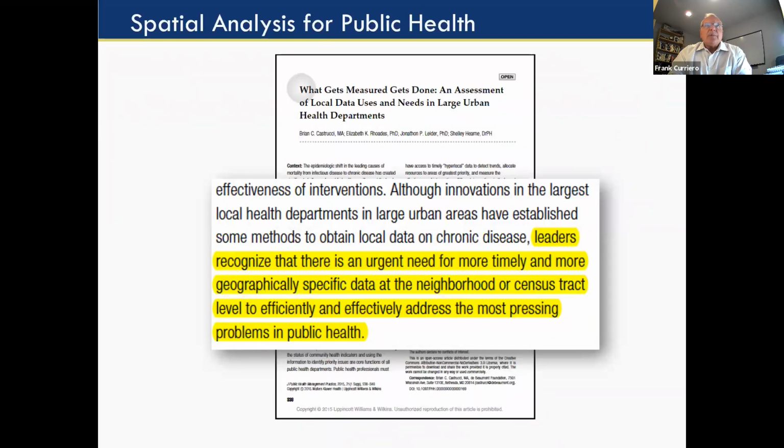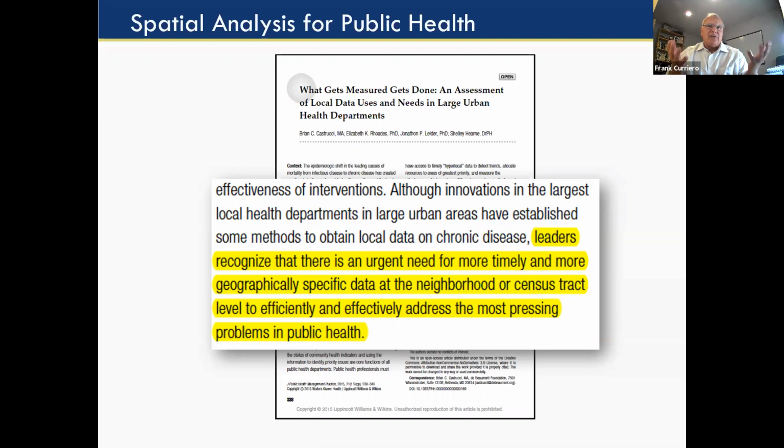So, spatial analysis for public health. I look at the title of this article and I love it. It says, what gets measured gets done. To clarify what that is saying, there's information out there and there's data out there. And nowadays, data is everywhere.